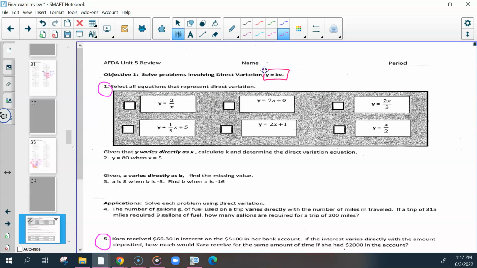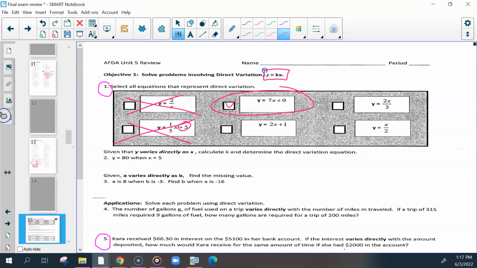For this first one, x is in the denominator, so that would not be one. The one underneath that looks like this format, but it has a y-intercept that's not 0, so that would not be one. For this next one, it looks like this format, it has the y-intercept, but the y-intercept is 0, so that would be one.